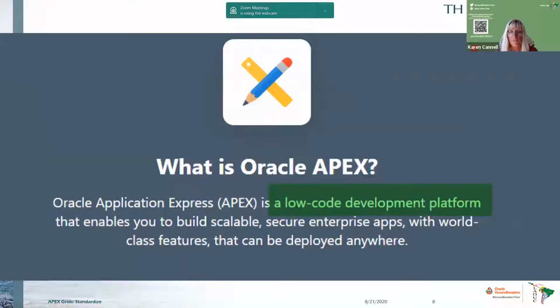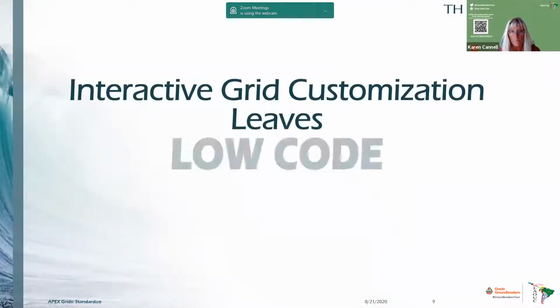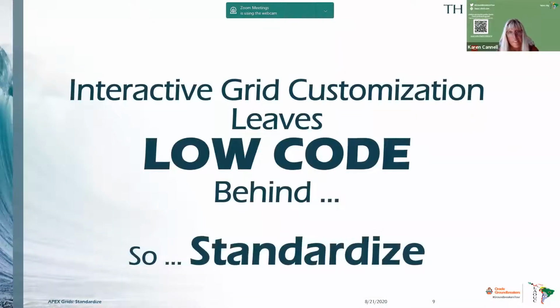Apex is a low-code development platform. Do it the easy way first. Stay in the sandbox, follow the declarative ways as much as you can, and that way when you upgrade, it'll be easier for yourself or the next person. That said, a lot of what we do when we customize interactive grid leaves that low-code stuff behind.